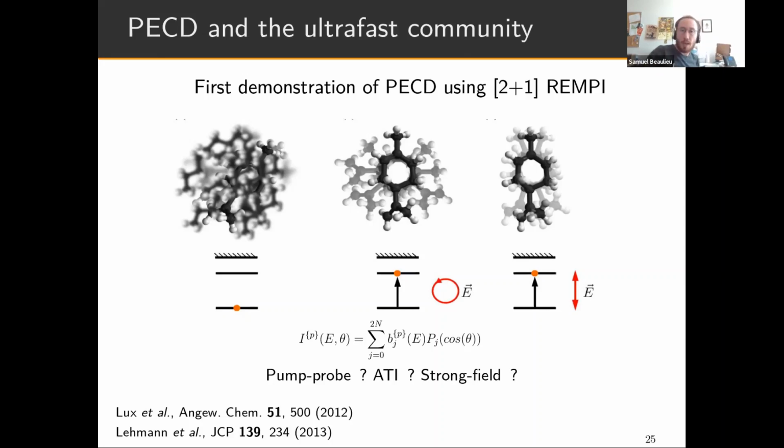The first one is, can we study ultrafast dynamics of chiral molecules using time-resolved pump probe PECD? The second one is, does PECD exist even when cranking the laser intensity and going to the above threshold ionization and strong field ionization regime? And in the next few slides, I will try to guide you through these very interesting questions.